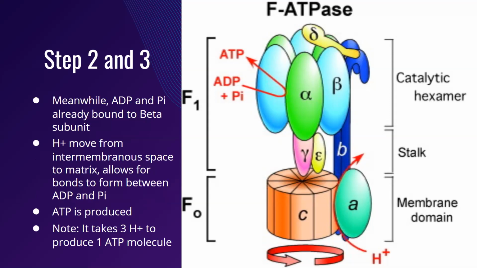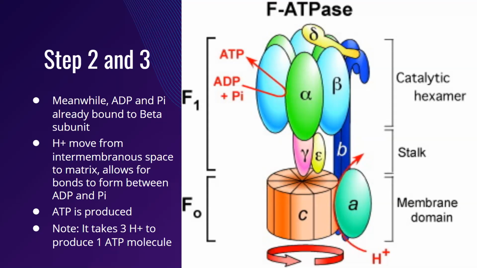While the hydrogen ion transfer is going on, and while they're being taken in and released, you're going to have an ADP and inorganic phosphate molecule bound to the beta subunit in this F1 region. And as the hydrogen ion moves from the intermembrane space into the matrix, it's going to allow for bonds to form between ADP and inorganic phosphate.